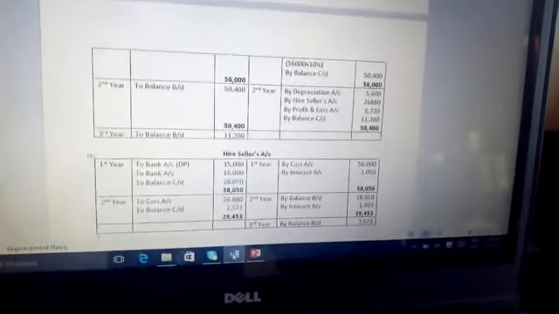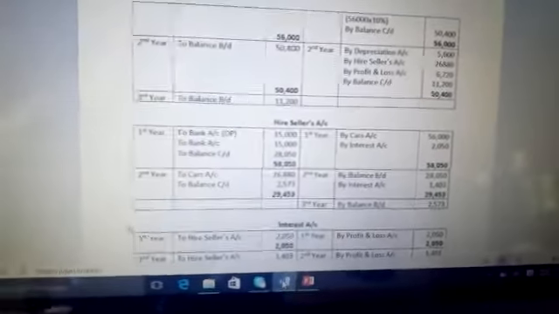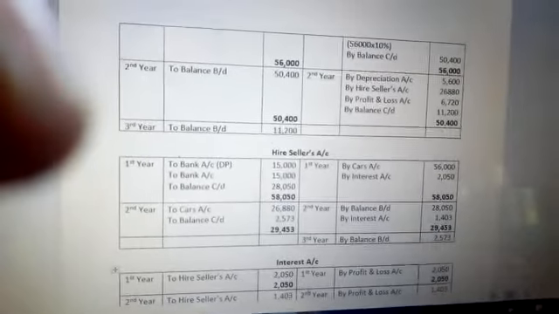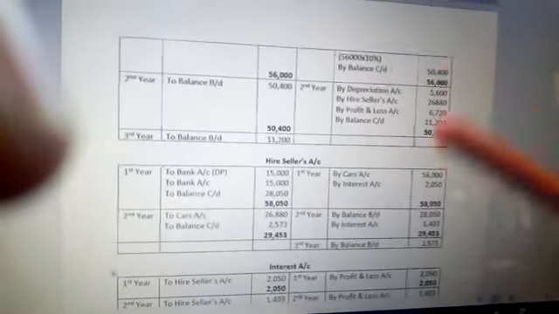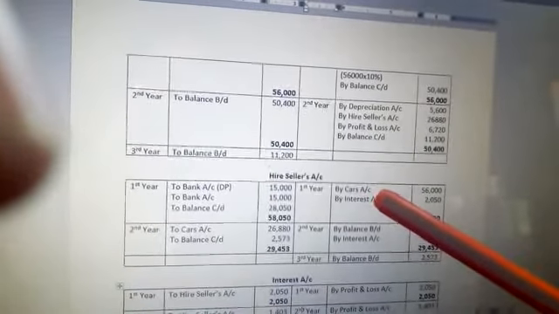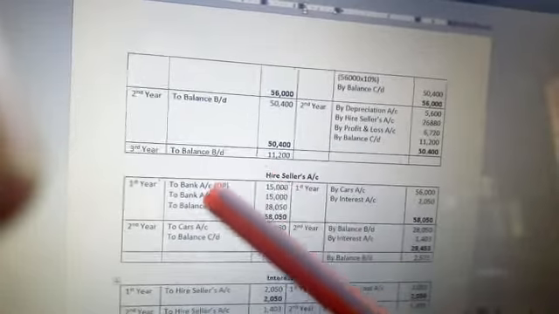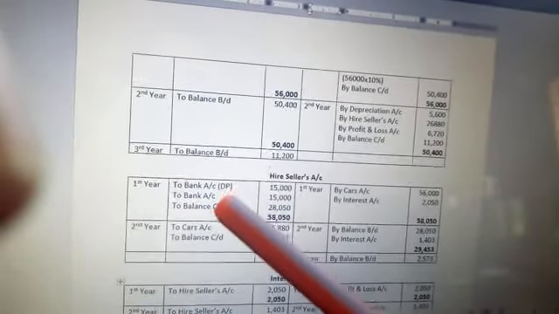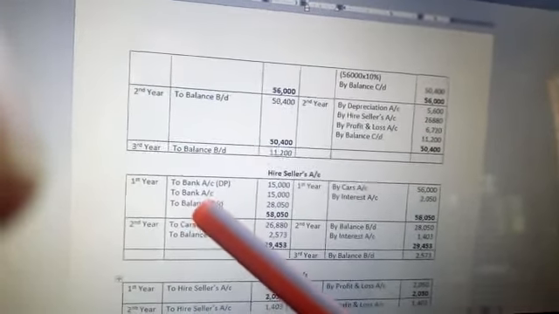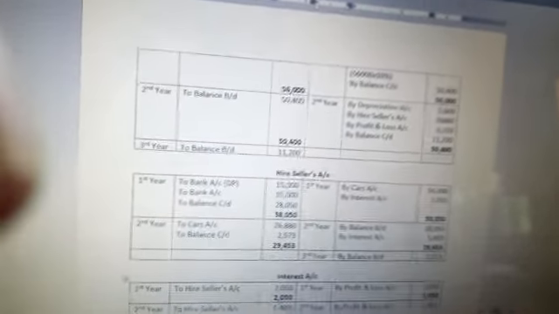Next, hire seller's account. First one, for recording the total cash price of the asset, 56,000. Second entry for down payment. Third entry for interest due.